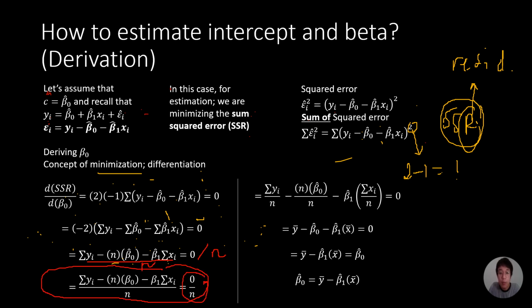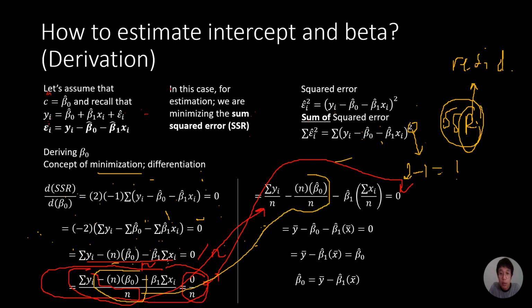So this part becomes 0, and then this part becomes the summations of yi divided by n, and then this part becomes this part, and then another part becomes this part. Alright, so that's about it for this step.